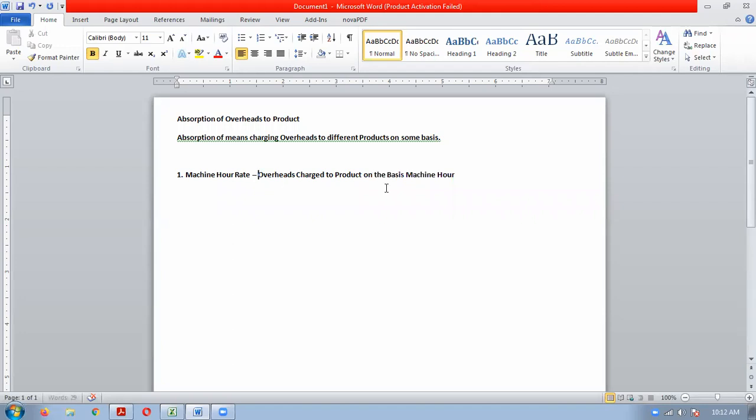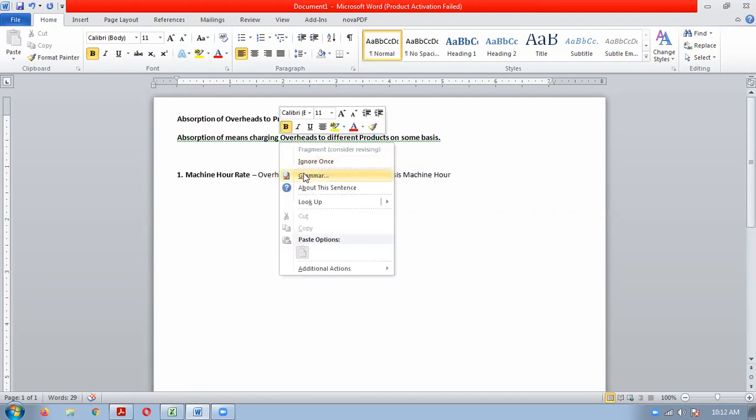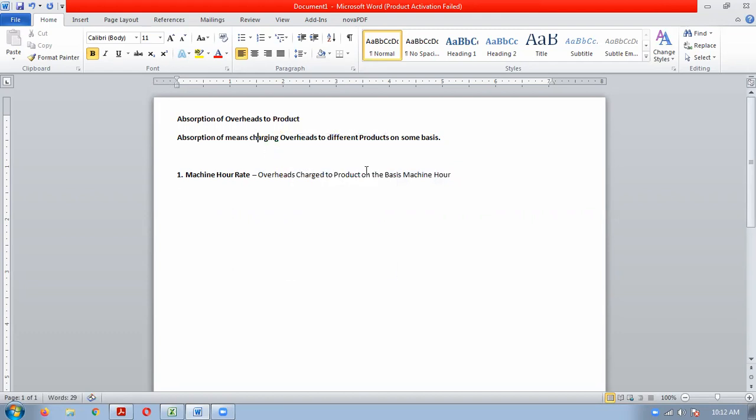Okay, so in machine hour rate method, we will charge the overheads to different products on basis of machine hour. Okay, how machine hour rate is used for charging the overheads to products, that we will understand.